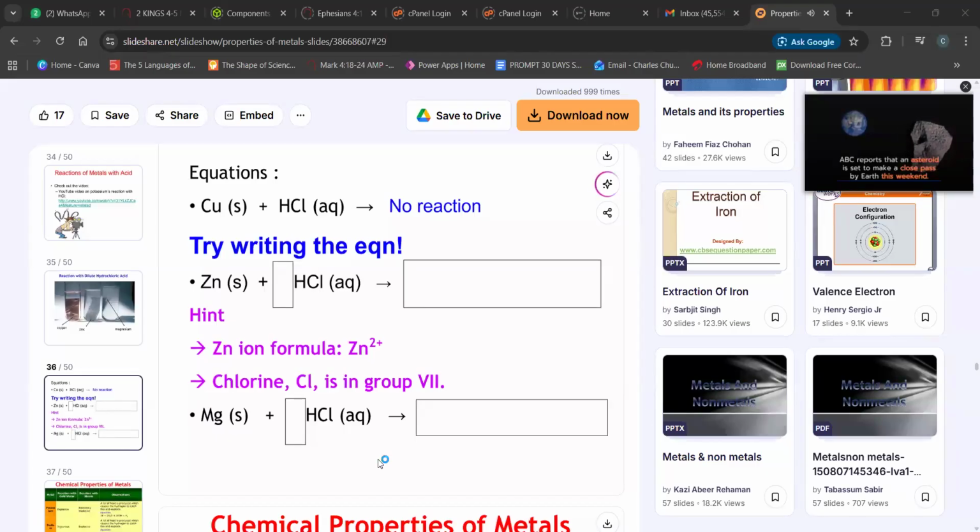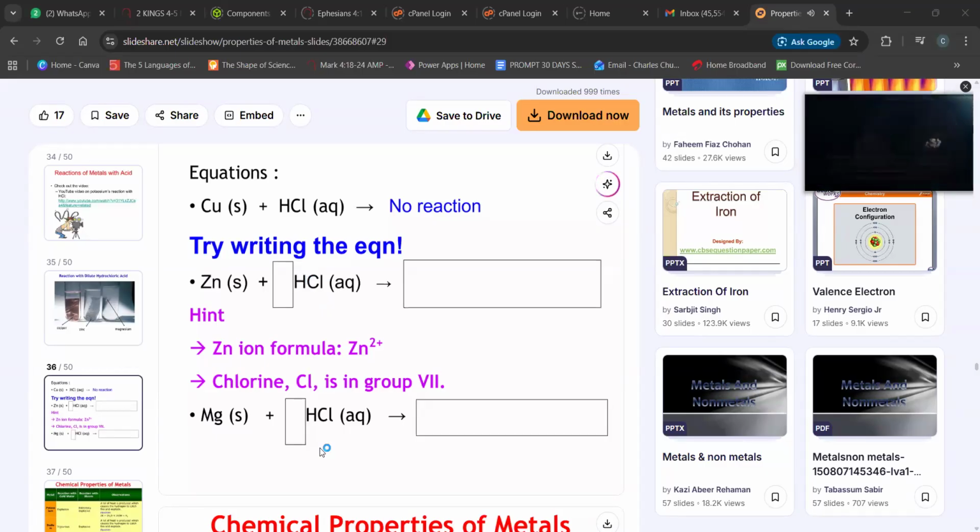It says no reaction for copper with HCl, probably because the acid is dilute. But if zinc reacts with HCl, the zinc will combine with the Cl to become zinc chloride and leave the H to form hydrogen gas. Did you get that?